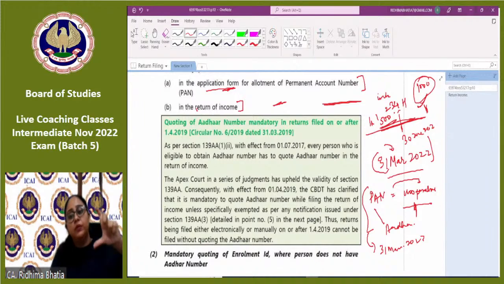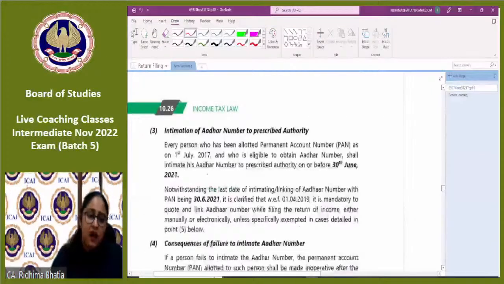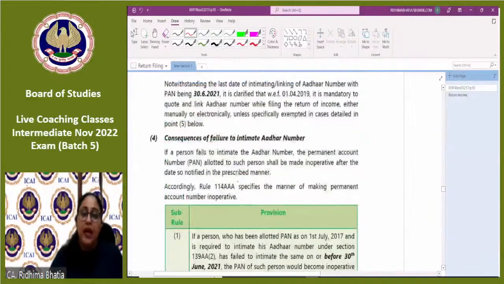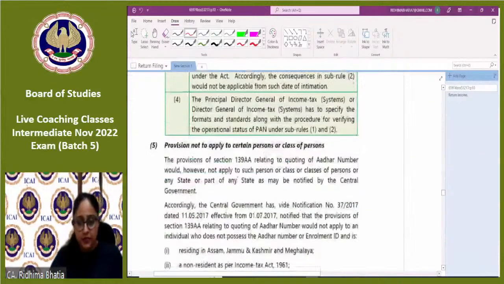Between 31st March 2022 and 31st March 2023, if you link the PAN, you have to pay fees. The fees is a maximum of 1,000, but up till 30th June 2022, it was 500. So this would be covered in your RTP, do not worry. But all of this about Aadhaar would not be applicable to 4 categories of persons.